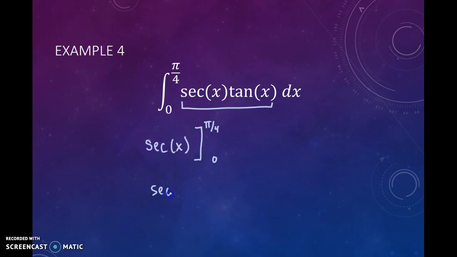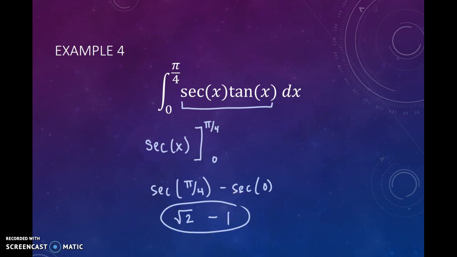So secant of pi over 4 minus secant of 0. The cosine of pi over 4 would be root 2 over 2, so secant would be root 2. And then cosine of 0 would be 1, so we've got root 2 minus 1 for that example.